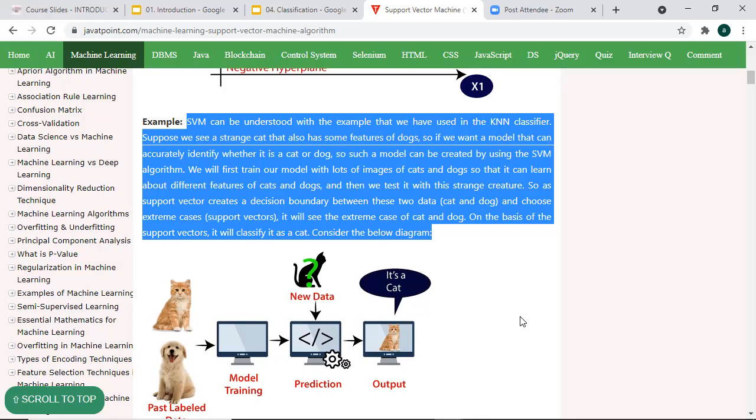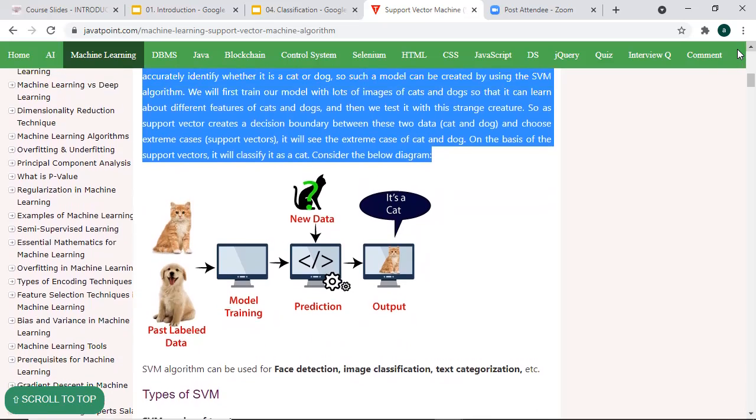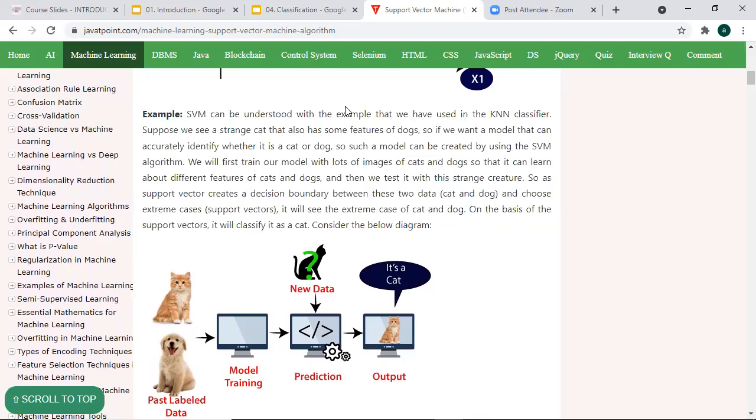Have you read this? Yes. Okay, so what this says, let me now explain to you.